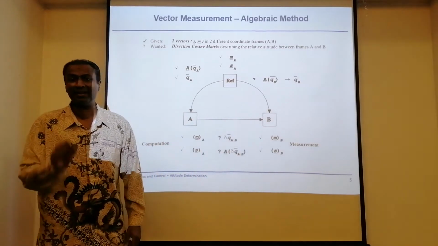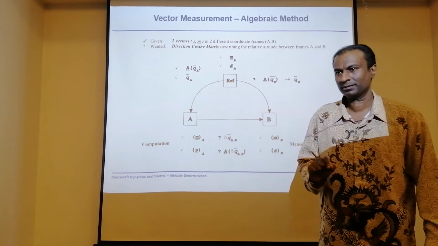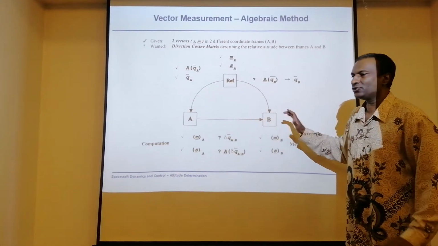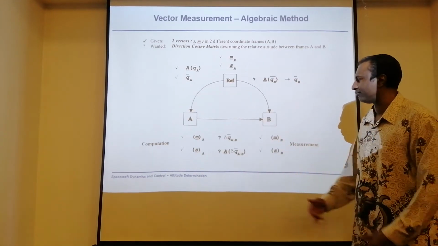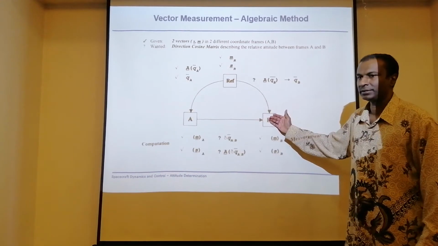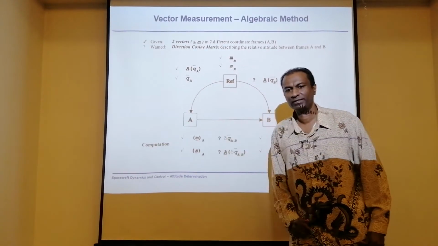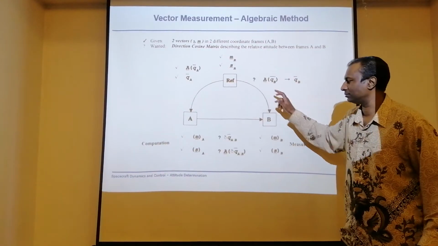You have done this exercise in kinematics, and in those notes you can also see there are three systems. So attitude determination is nothing but finding how the body has deviated with respect to local vertical, local horizontal. That's all it is, with the attitude information.